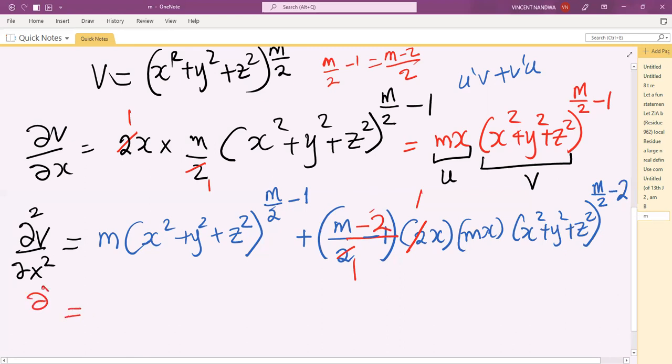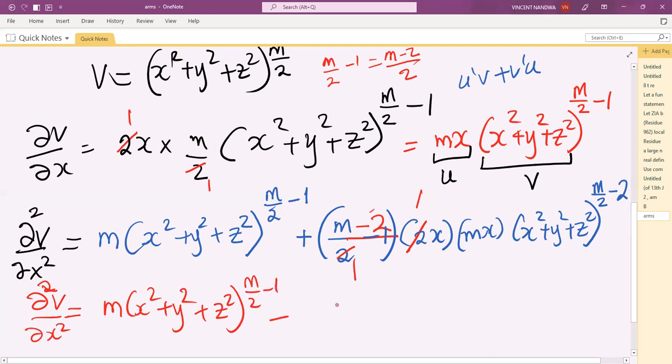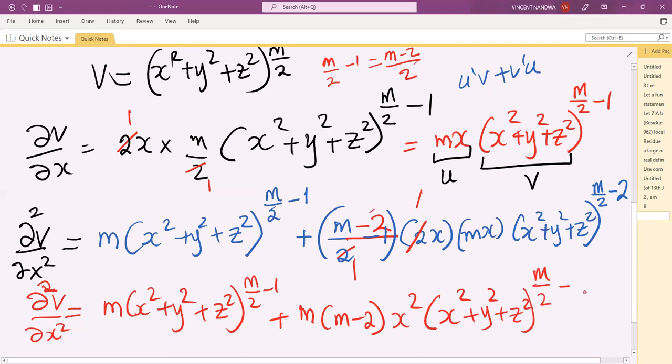So partial squared v partial x squared will be m into x squared plus y squared plus z squared raised to the power m over 2 minus 1 plus, this will give us m into m minus 2, and then x by x is x squared, into x squared plus y squared plus z squared raised to the power m over 2 minus 2.